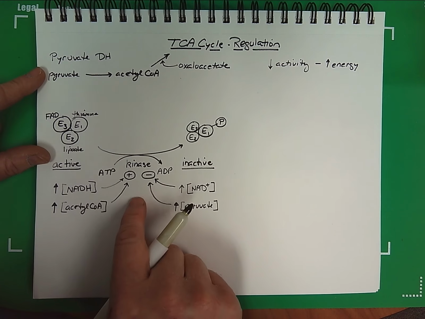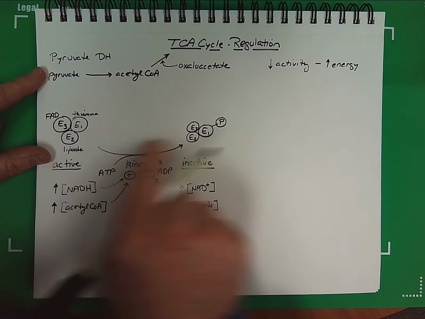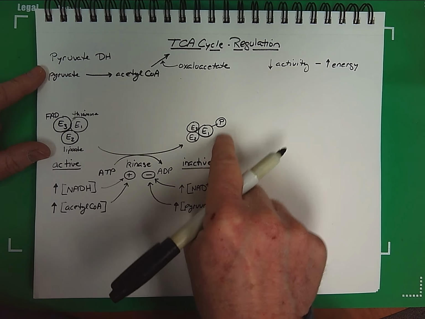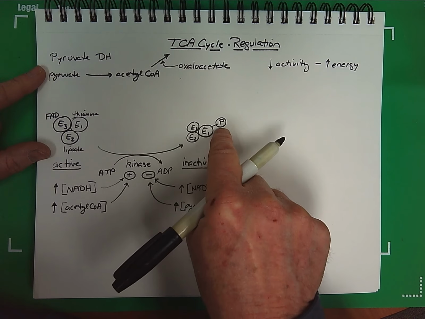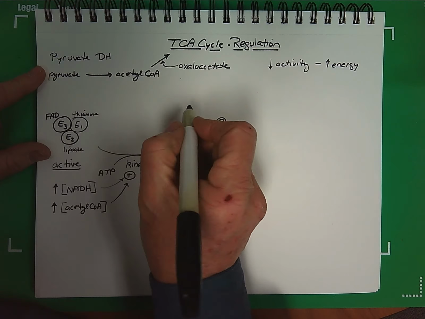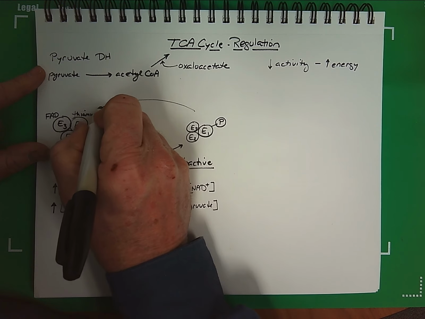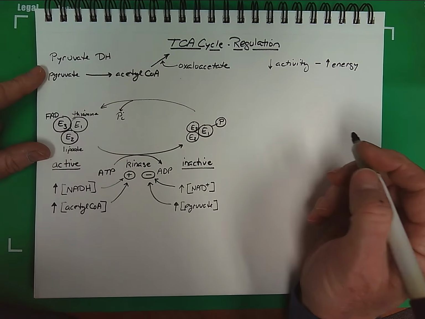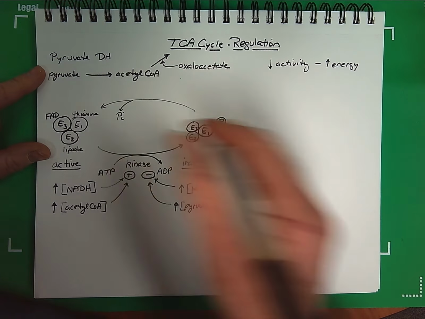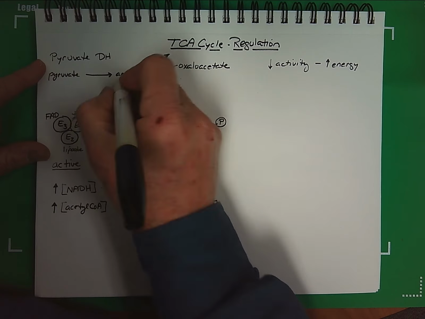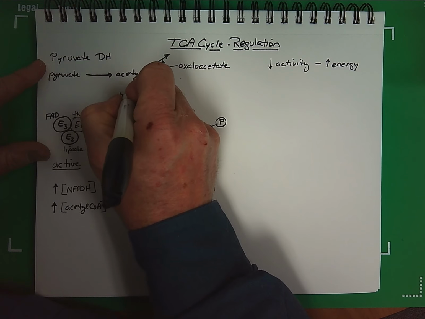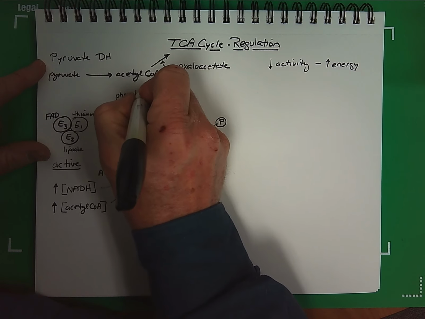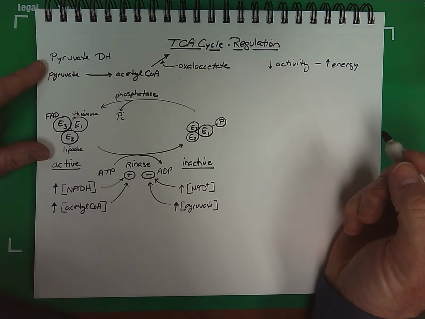Now then, the question becomes, once you have phosphorylation on the E1 subunit, what removes the phosphate in order to reactivate the enzyme? Because the phosphate must be removed as inorganic phosphate. This is done by the pyruvate dehydrogenase phosphatase regulatory subunit.